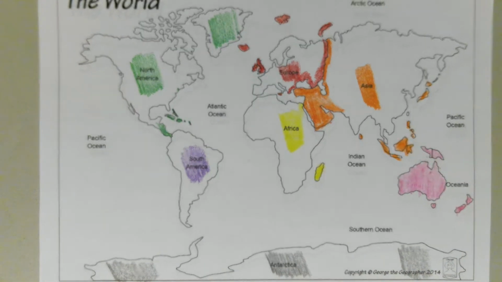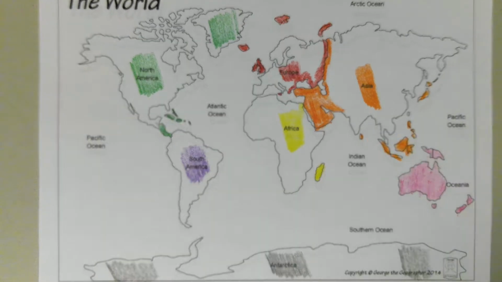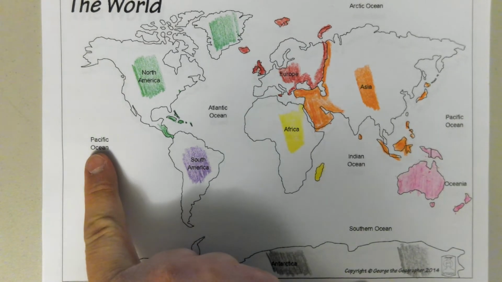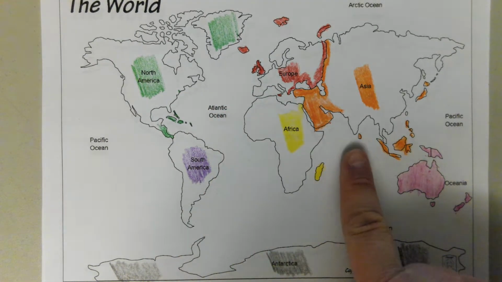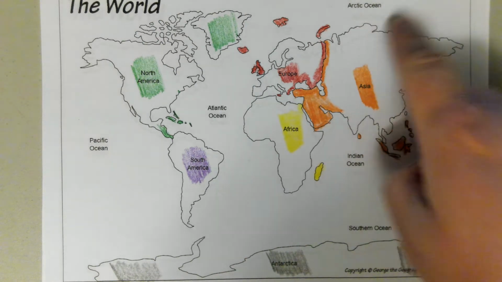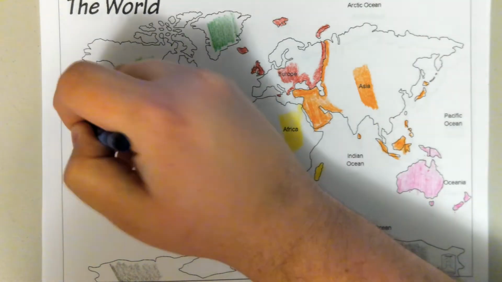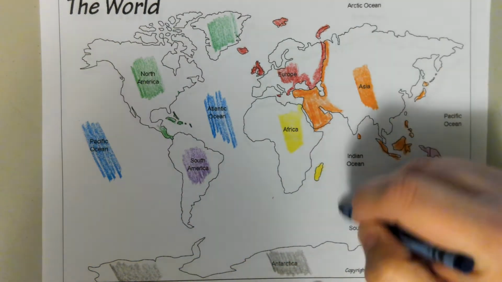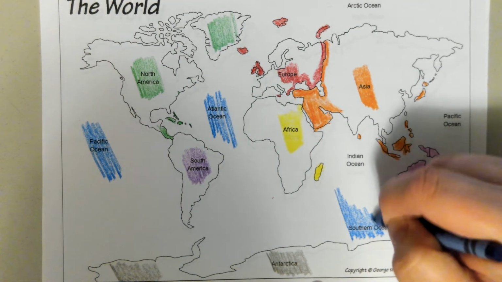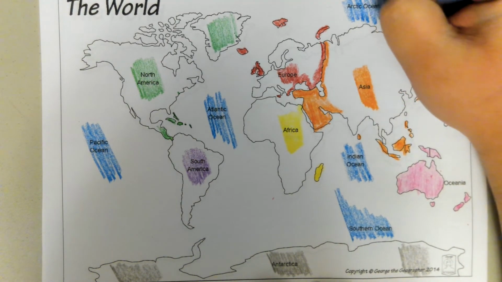Now, the last part that has to be colored is the 5 oceans found around the world: Pacific, Atlantic, Indian, Southern, and Arctic. You can color all the oceans blue. I'm just going to go over the names of the oceans so you know that they're blue.